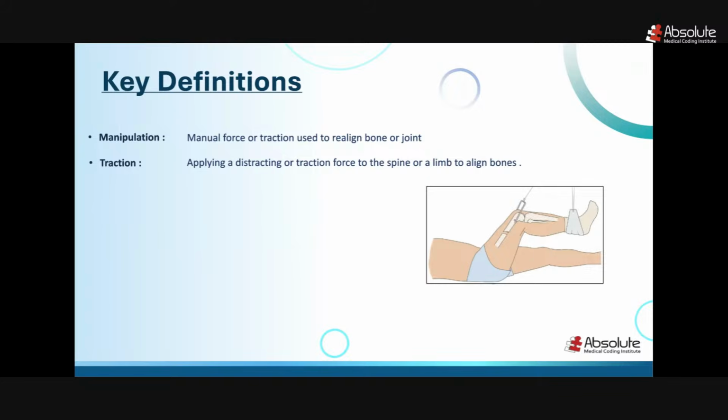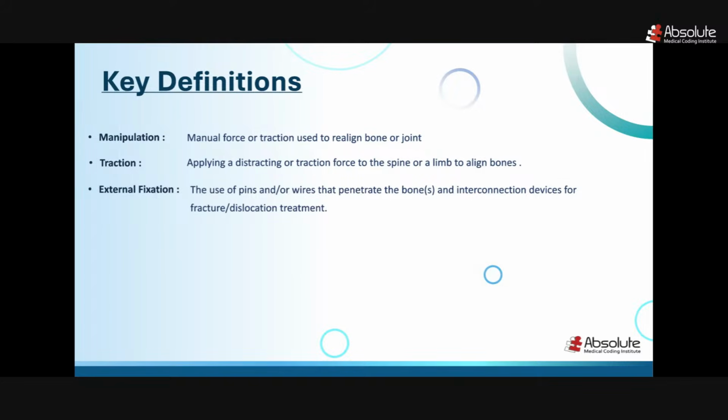Okay, now let's move on and see what's next. We have external fixation. An external fixation uses pins or wires that go through the bone and are connected by devices like clamps, bars, or rings to stabilize the fracture or dislocation. And it can be used temporarily or long term depending upon the case.